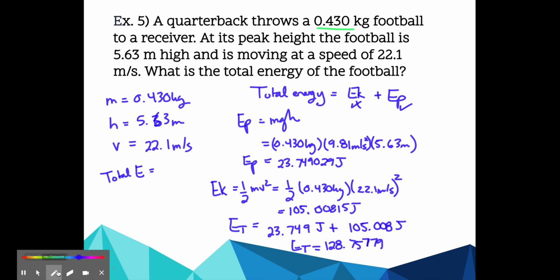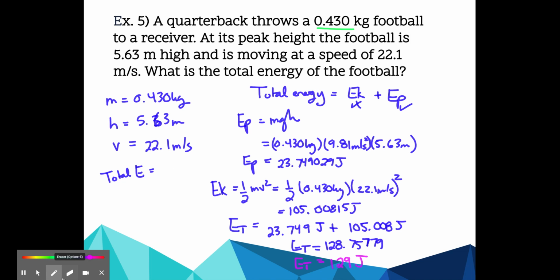All right, sig digs. Looking at my original numbers, I get 3. So 129. 7 makes the 8 round up. Enter joules, energy total. And that is it.